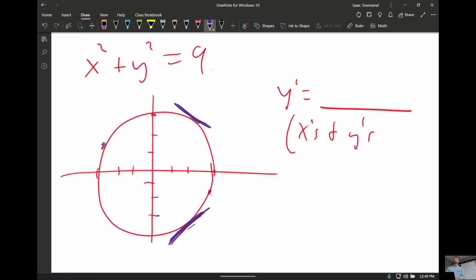That's why your derivative should have x's and y's in it, because it matters. You need to know the x value and the y value. Does that make sense, what I'm saying there? Yeah. Having just x is not enough if it's not a function. You need x and y to know exactly where. Yep.